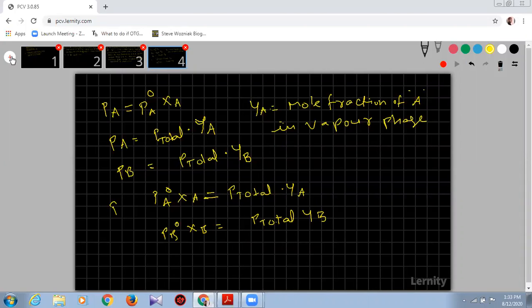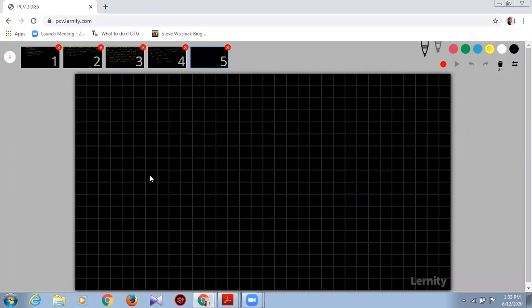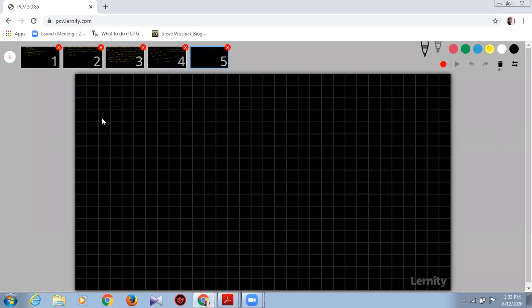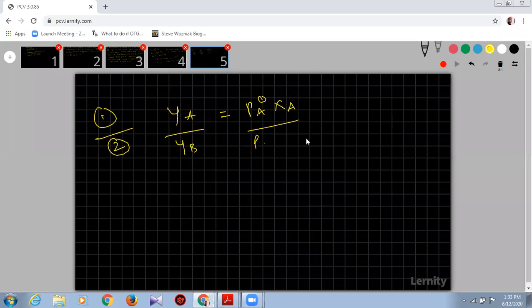Now let me go for next slide. Suppose this is equation 1 and this is equation 2. Now I will do 1 by 2. Then what can we get? YA by YB is equal to PA naught XA by PB naught XB. Can I write like this?